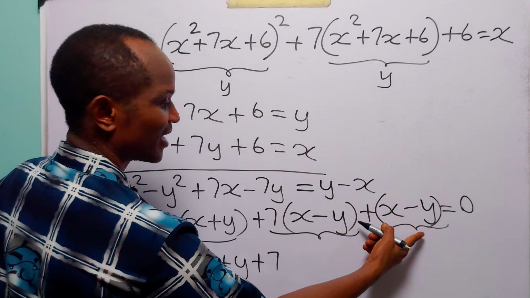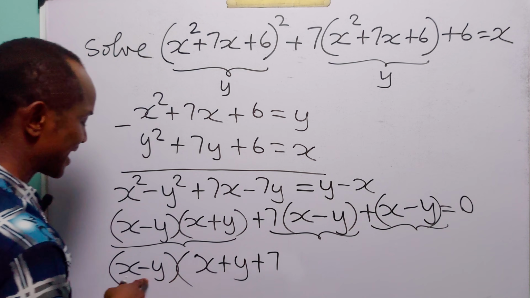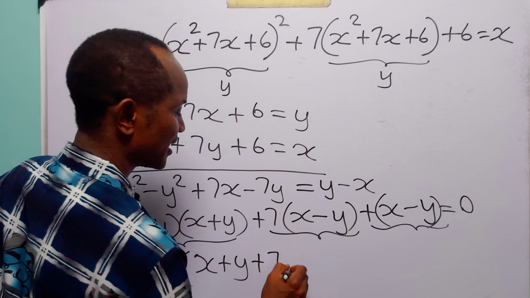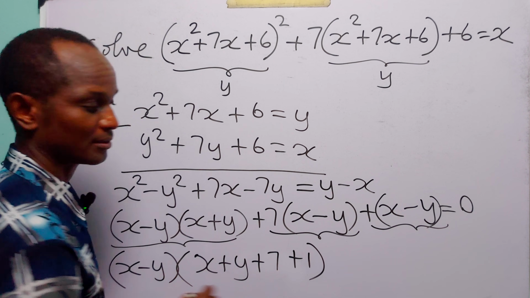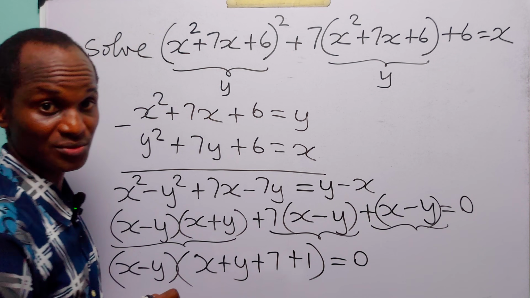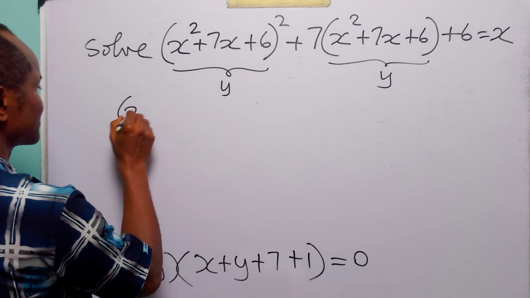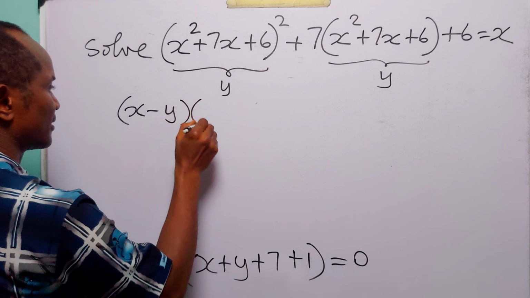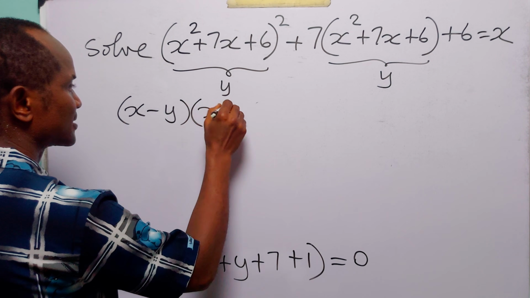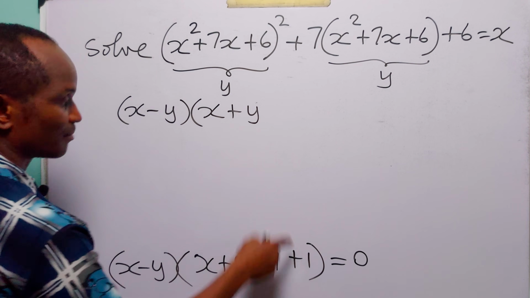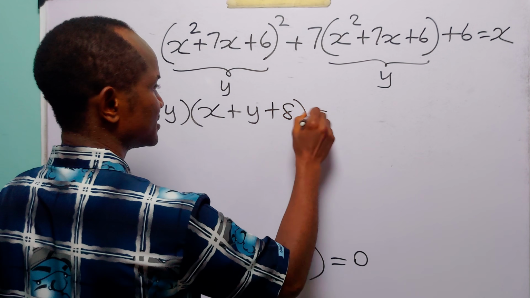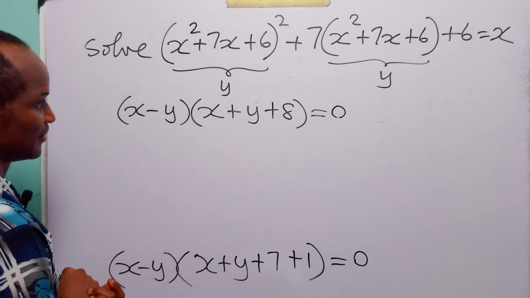And of course, when you divide the third term by x minus y, you are left with plus 1. And this is equal to 0. Now from here we have that x minus y multiplied by x plus y plus 8 is equal to 0.